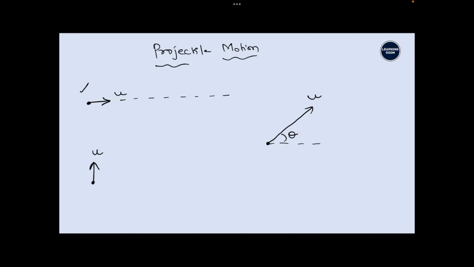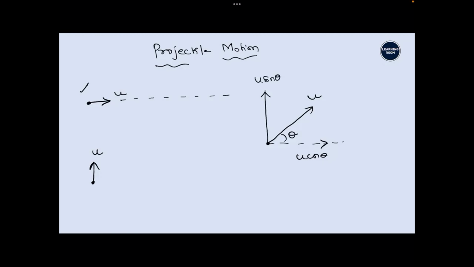Whereas when you project it at some angle theta, then what will happen? That is what we are going to see. Just now we learned the concept that if you have a vector making an angle theta with any one of the directions, then wherever the angle is included it is u cos theta, and the opposite one will be u sin theta.